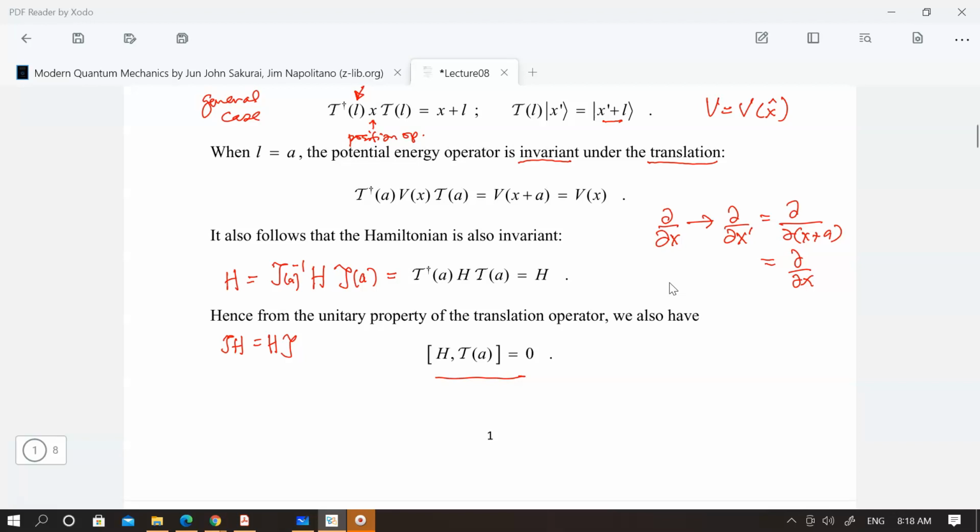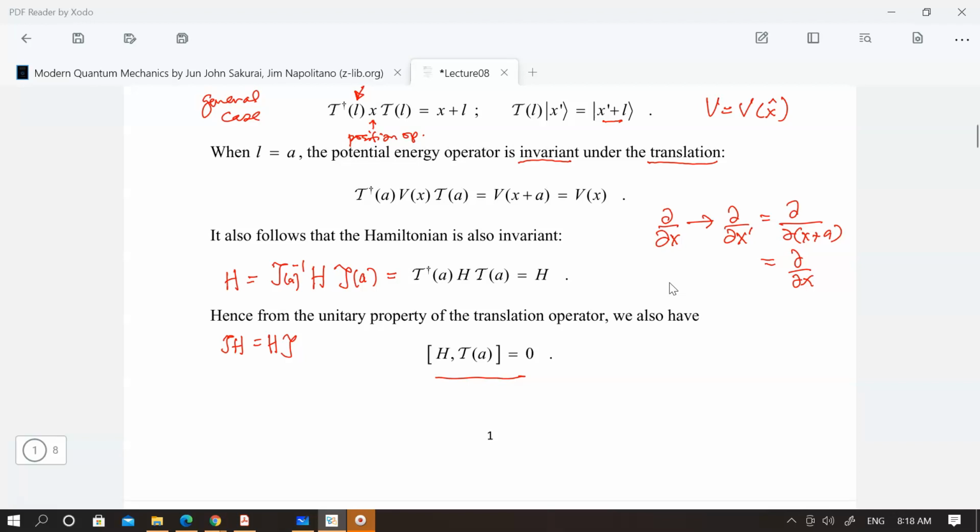One of the things we already learned in the first course is that whenever you have two observables that commute, we can say that these two observables can have simultaneous eigenkets, or they can be simultaneously diagonalizable.